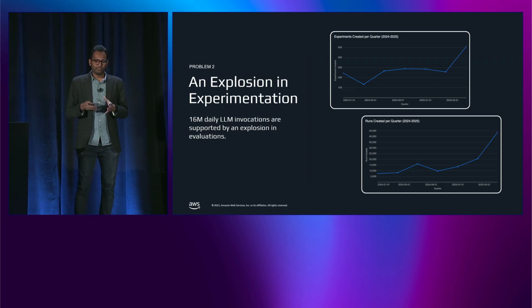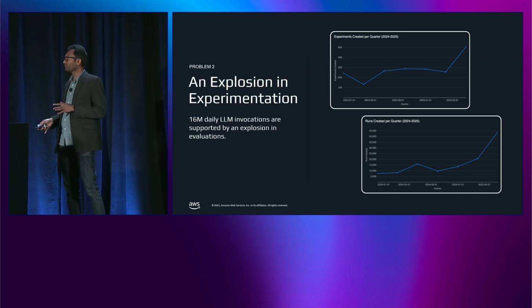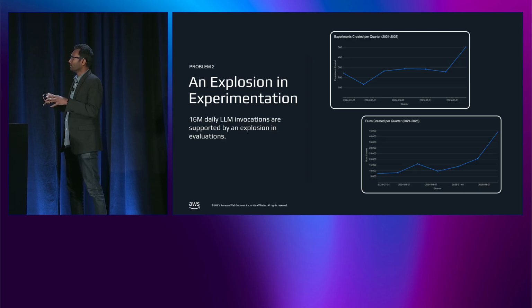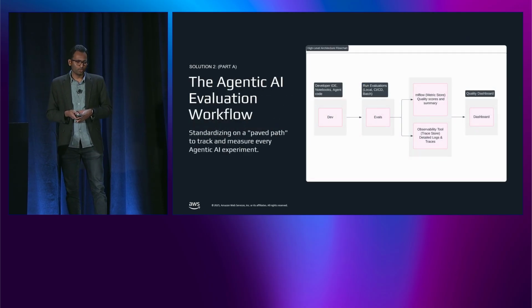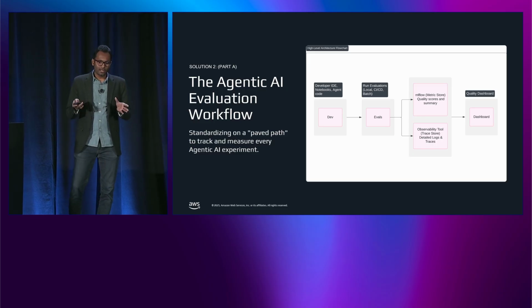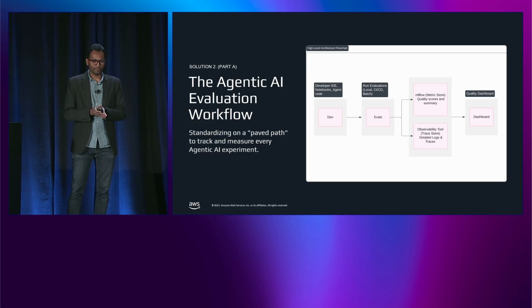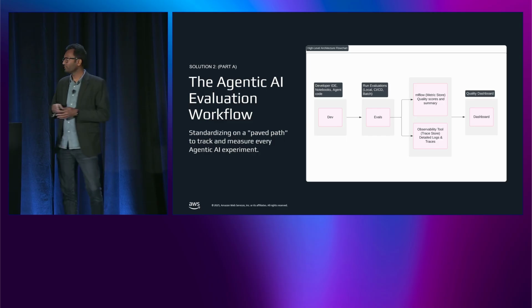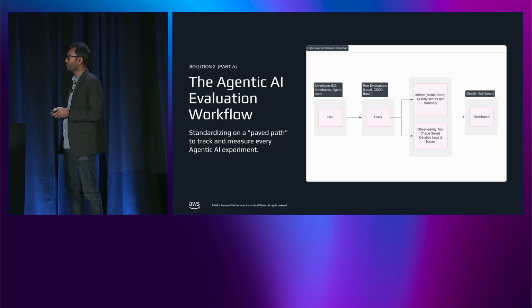So we were basically facing a hyperscale of agentic AI. And to solve that explosion of experiments and runs for evaluation, we had to standardize the paved path for how we actually did evaluation.